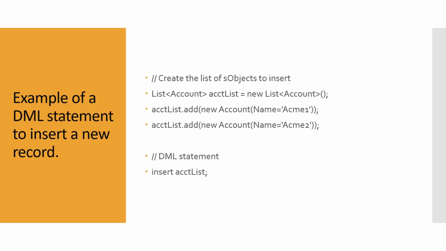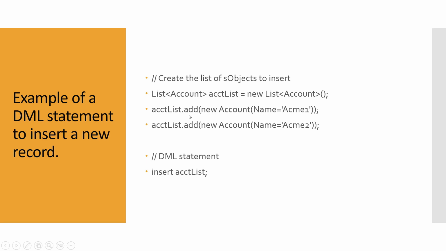Here we are doing an insert of new records. In the first statement we are declaring an empty list of account: acctList equals new List of Account. acctList is the variable name of this empty list. In the list class we have methods, so add is the method on acctList, through which we add records into the list.